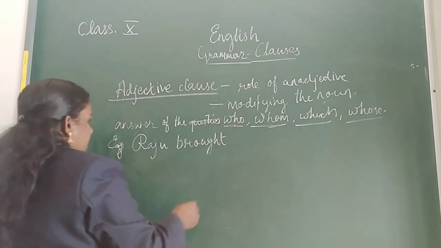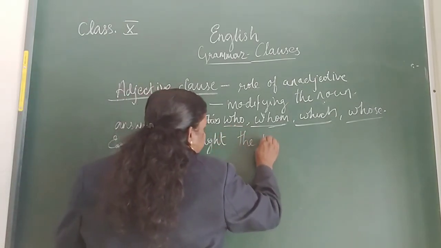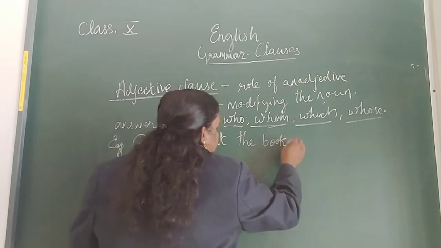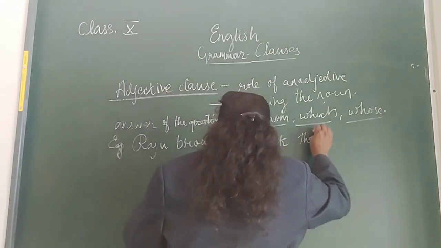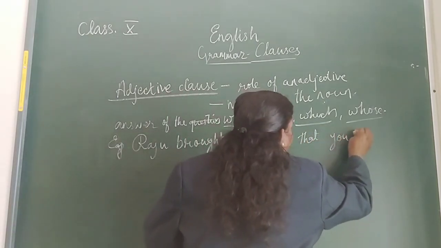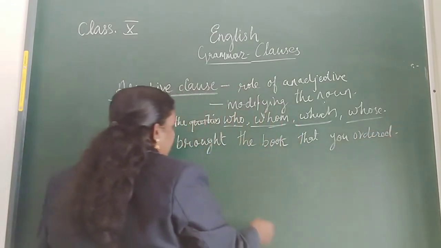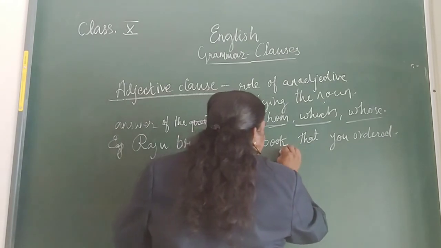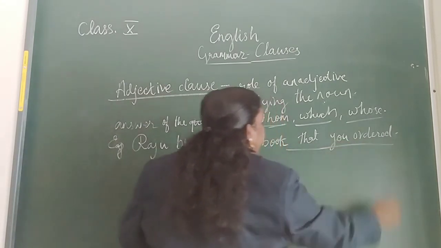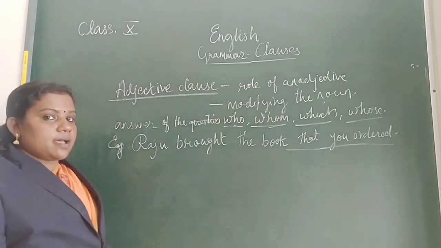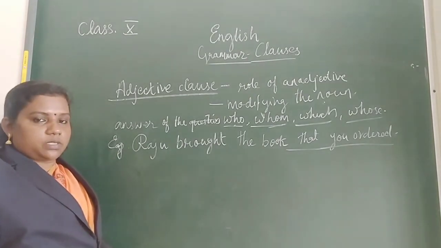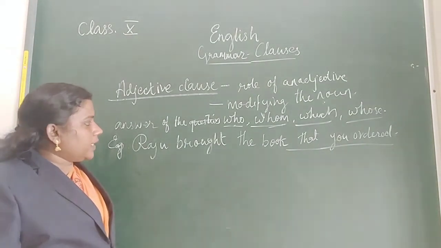For example, Raju brought the books that you ordered. That you ordered is the subordinate clause. Raju brought the books.